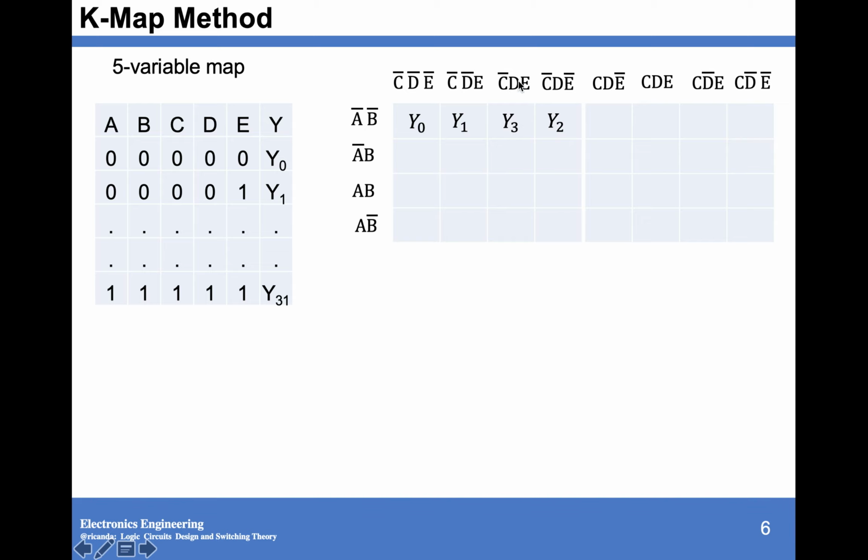Then for your output location, this is your Y0, Y1, Y2, Y3. Remember, if this is our 3, we jump to the last column for your 4. So therefore, this is your Y4, Y5, Y6, Y7. This will be your Y8, Y9, Y10, Y11. Then this is your Y12, Y13, Y14, and Y15. Remember, when this is your 1, we jump to the last row for your 2.